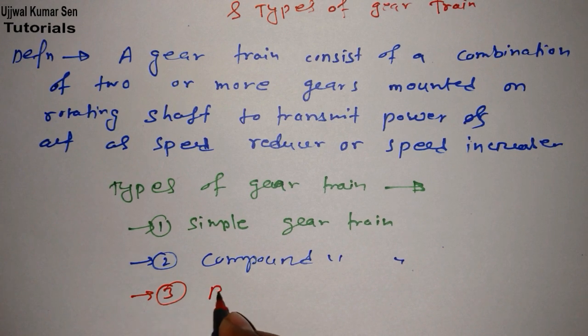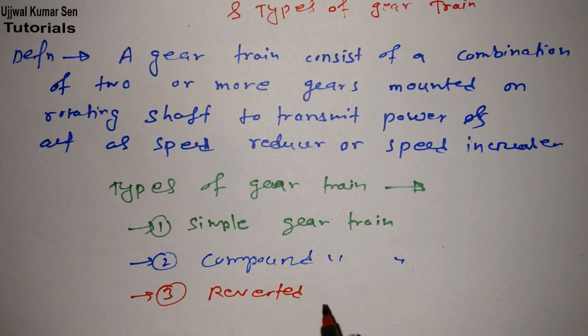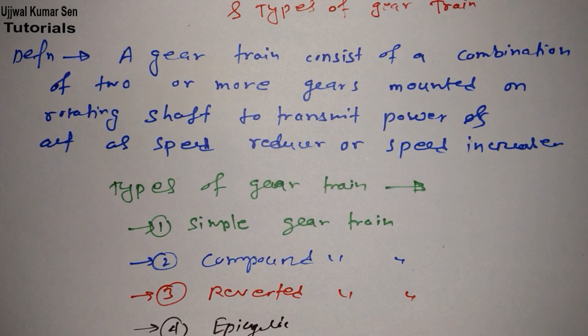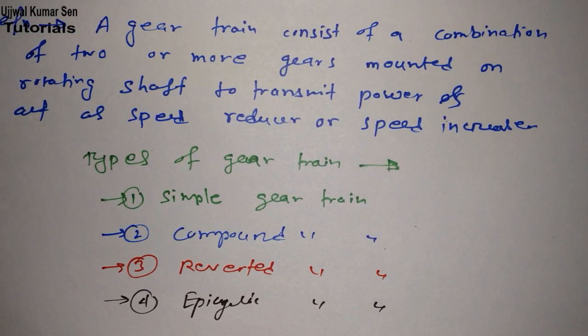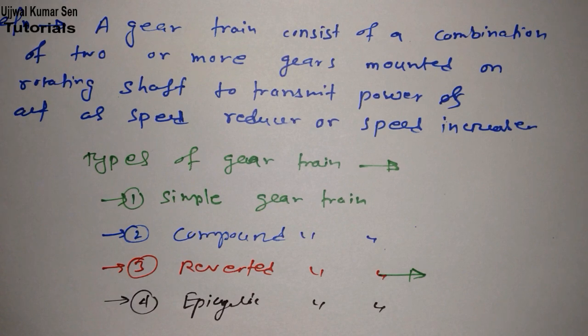Third is the reverted gear train, and fourth, most important for competitive examinations, the epicyclic gear train. An example that is always asked in competition examinations, not university examinations, of where we use a reverted gear train is the wrist watch. Now we'll go one by one.